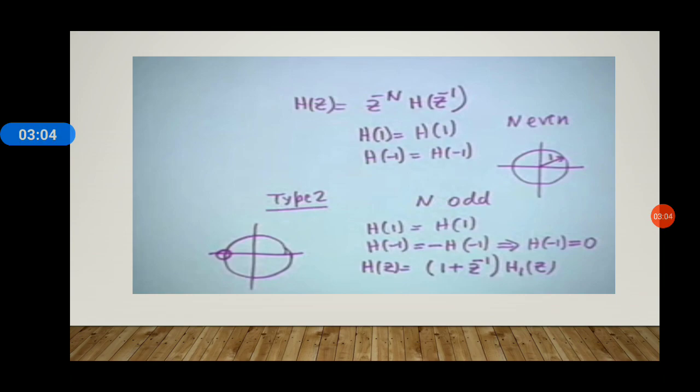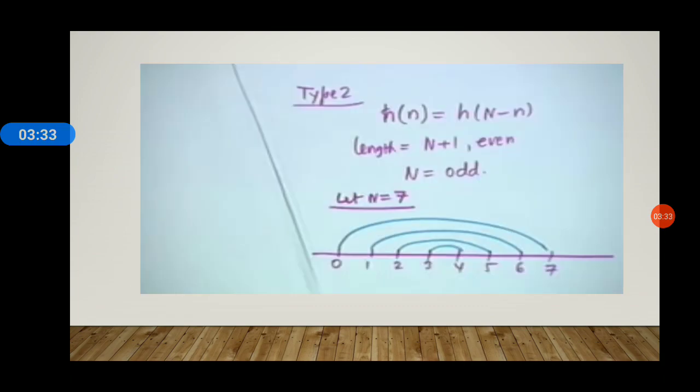Now if h(-1) comes up to be 0, that means z equal to minus 1, which means omega is equal to pi. At omega equal to pi, we have 0 value. That means we can never design a high pass filter with our type 2 filter. If we cannot design a high pass filter, we cannot even design a band pass filter. This is the limitation of the type 2 filter.